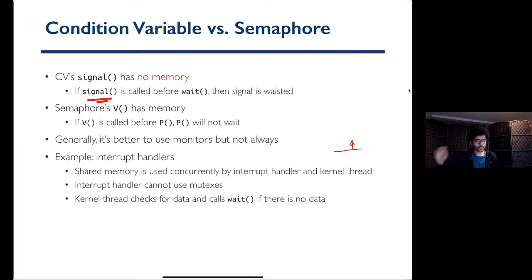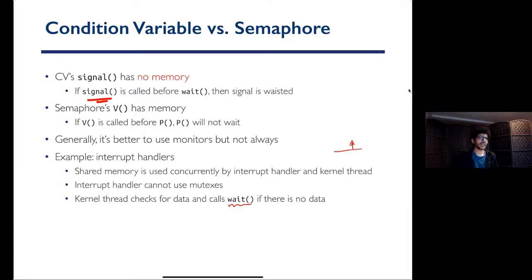Now, how do we do that? If the SSH task has called wait on a condition variable, can we use normal condition variables in our interrupt handler to send a signal?